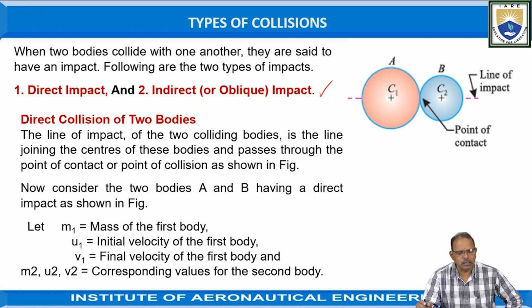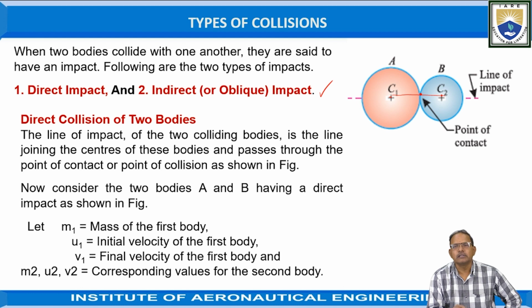That means in direct collisions, the line joining the centers C1 and C2 of the two colliding bodies always passes through the point of collision. This type of collision is called direct impact or line collision.